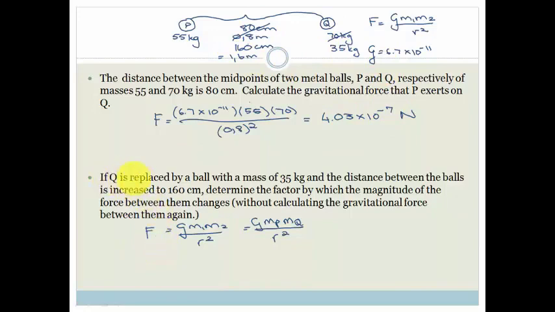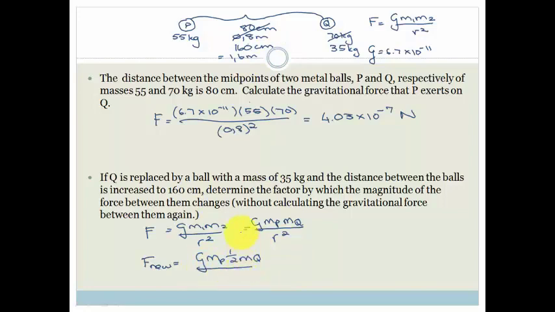Now we've replaced Q with a ball that is half its mass, so the new F is going to be big G, mass of P stays the same, but the mass of Q is now half the mass of the original Q, right? It's half of it.